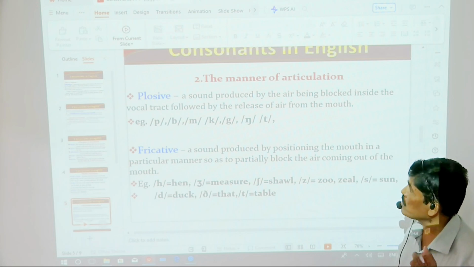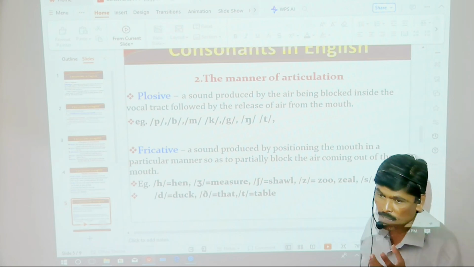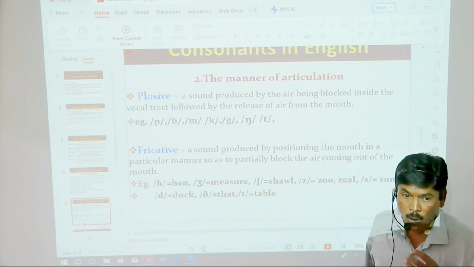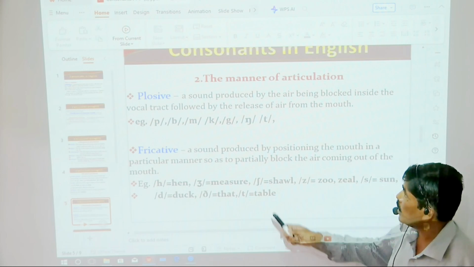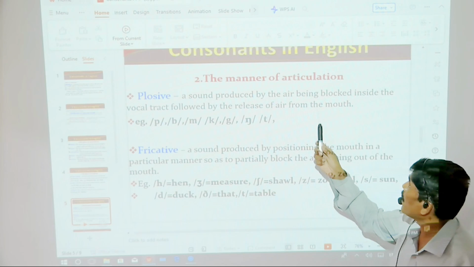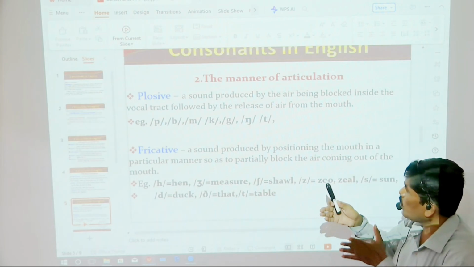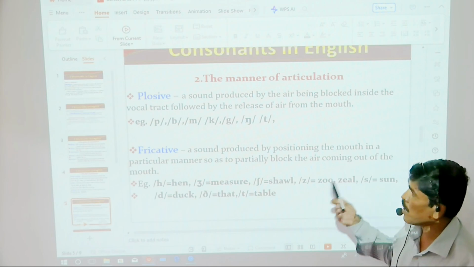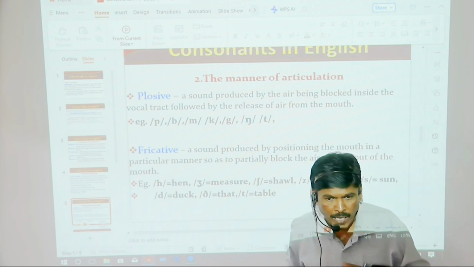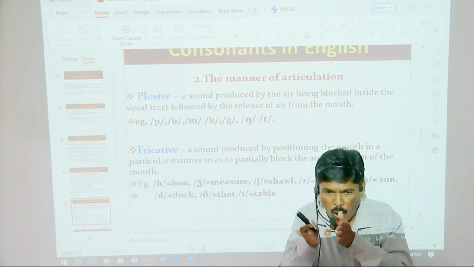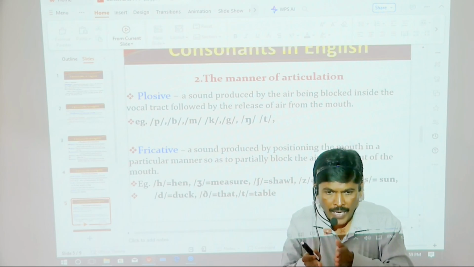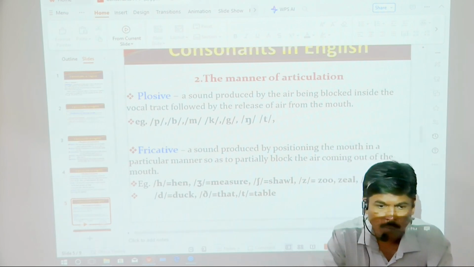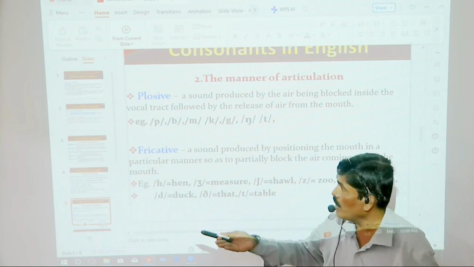When we produce a sound, see the position of the tongue and how the air comes out of the mouth. A plosive is a sound produced by the air being blocked inside the vocal tract, followed by the release of the air from the mouth. It means air coming from the lungs is blocked in the mouth cavity, and then comes out of the mouth cavity explosively.